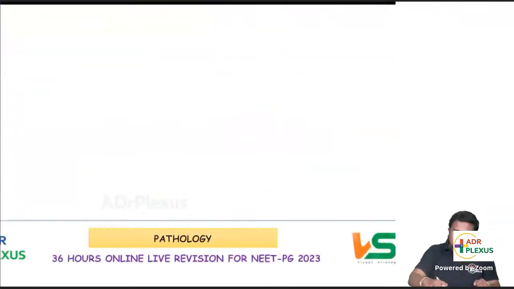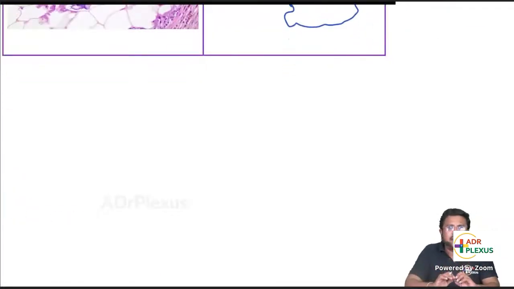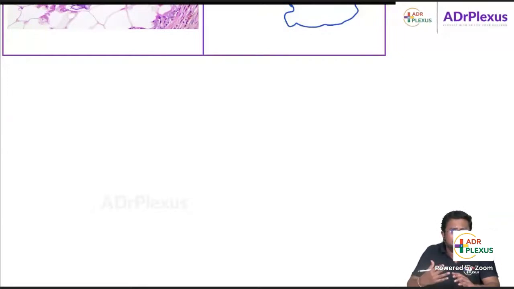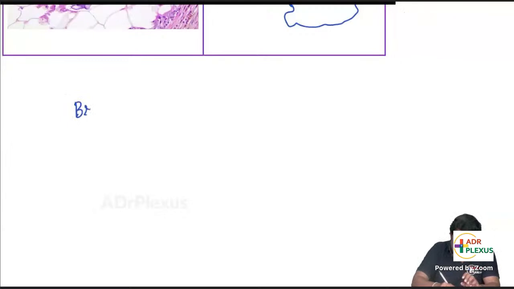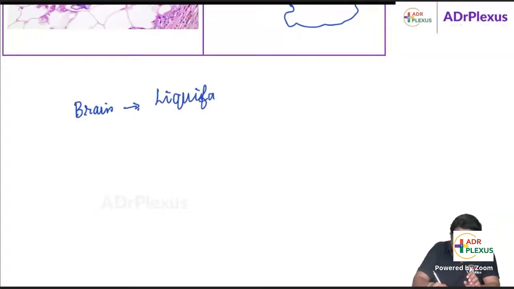Then a person who has died, during the autopsy after 1 or 2 days, what changes can you expect in the brain? If you hear the word brain, you can remember the type of necrosis: liquefactive necrosis. So in the brain, you can get liquefactive necrosis.